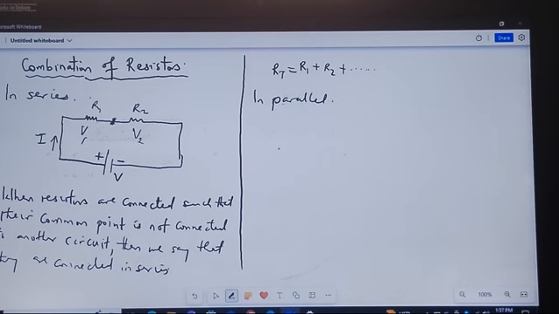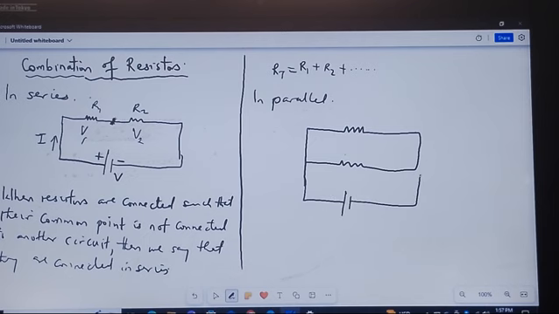Now, if you have a connection of this sort, this is a point, this is the negative terminal, this is the positive terminal.